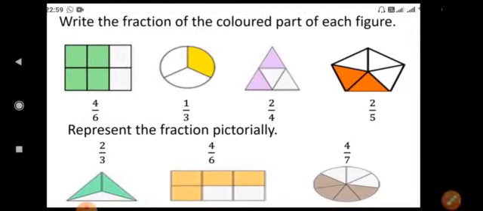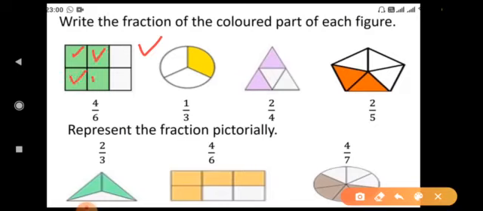Write the fraction of the colored part of each figure. In the first figure, you can see there are 4 squares that are green in color.